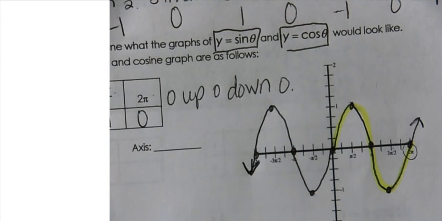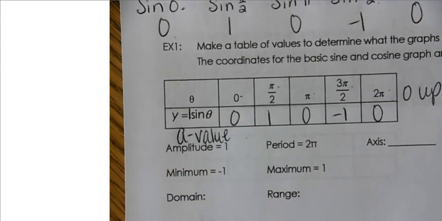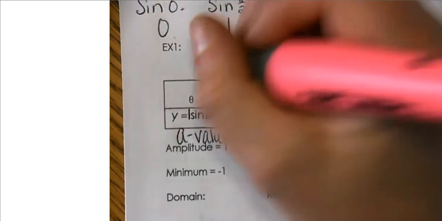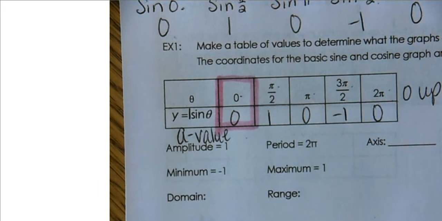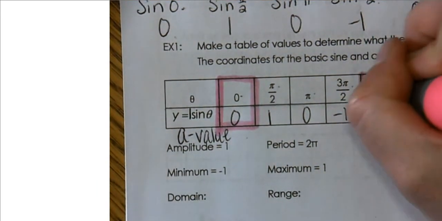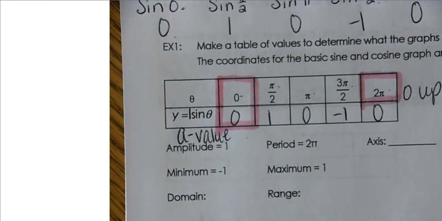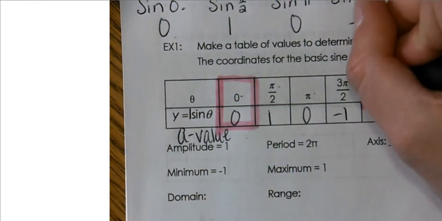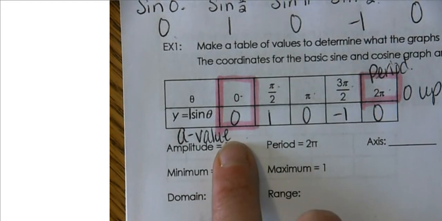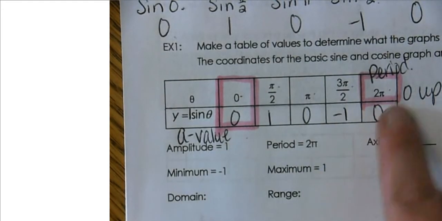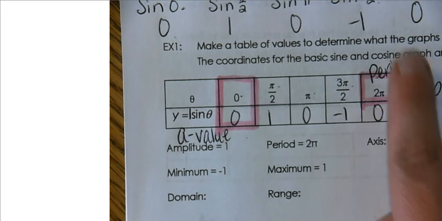Another thing I need you guys to know is that when it comes to the parent functions of sine, sine always starts at 0, 0. And the last x value that you're going to have in your table, this always represents the period. So I will repeat this. Sine always starts at 0, 0, and 2 pi, whatever that last x value is, that's going to be your period.